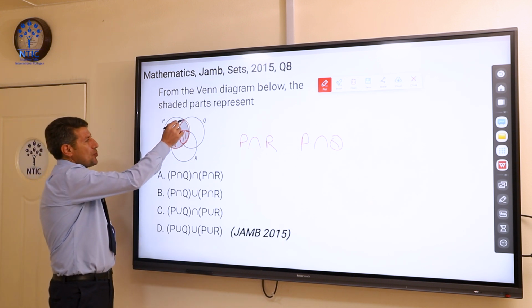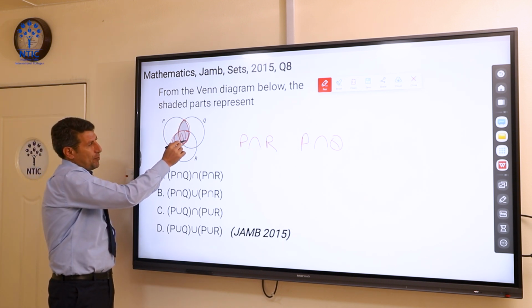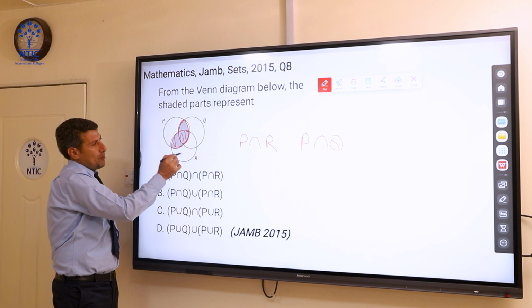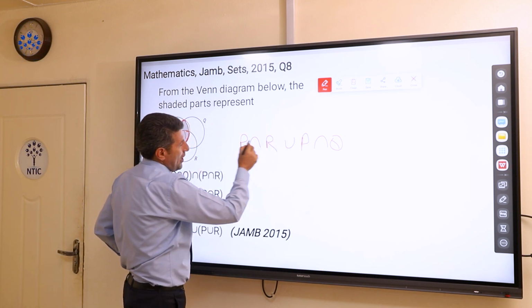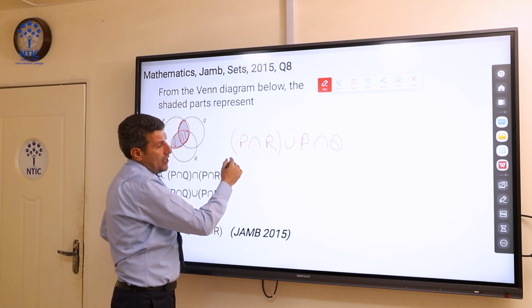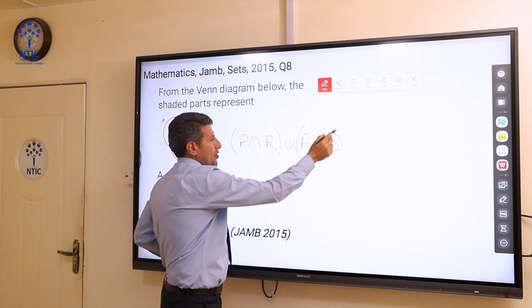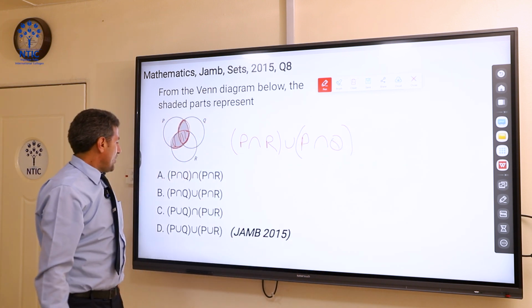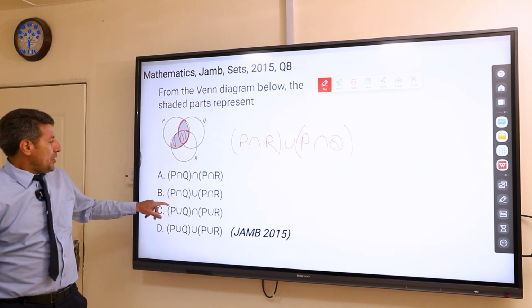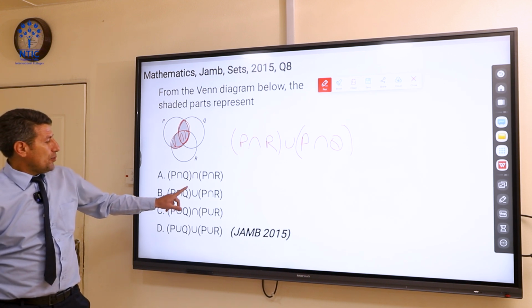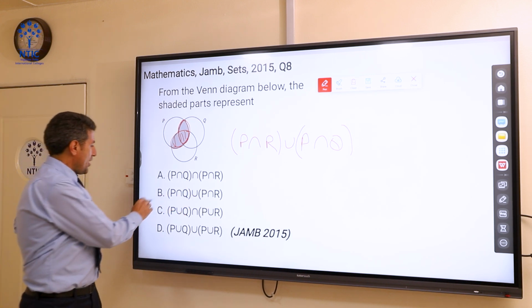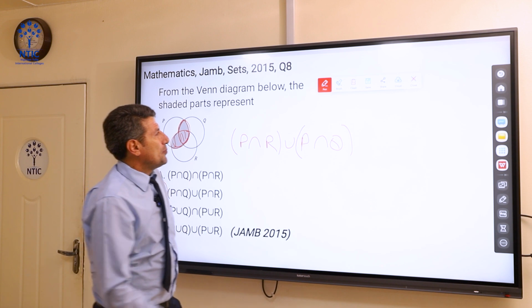They combine these two areas. So that means they unite P intersection R with P intersection Q. Okay? So that is option B. P intersection Q, union P intersection R.